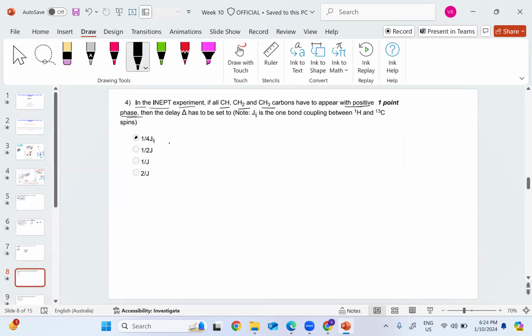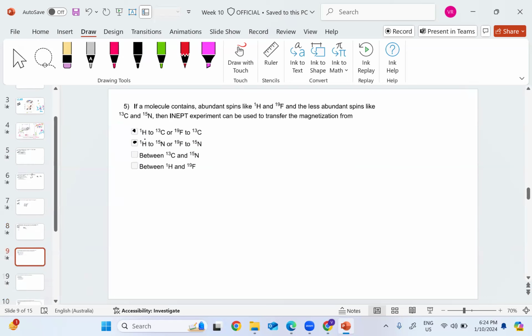For this one, a note is given that J_ij is the one bond coupling between the 1H and 13C spins. So it should be 1 by 4 of J_ij. So option A is the correct option in this one.